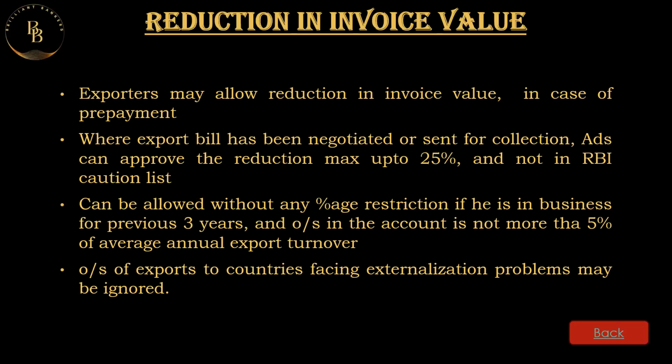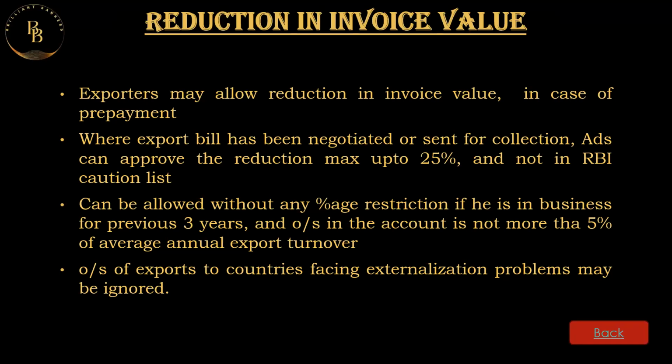That is the alternate reference rate. Normally, the alternate reference rate is the LIBOR rate. So the exporters may allow a discount to the importers if they are going for a prepayment of the usance bill. In that condition, there can be a discount.